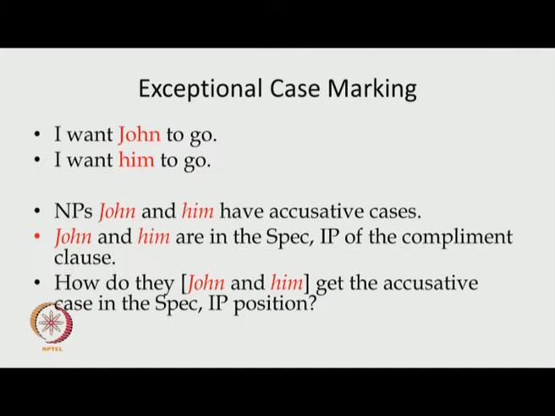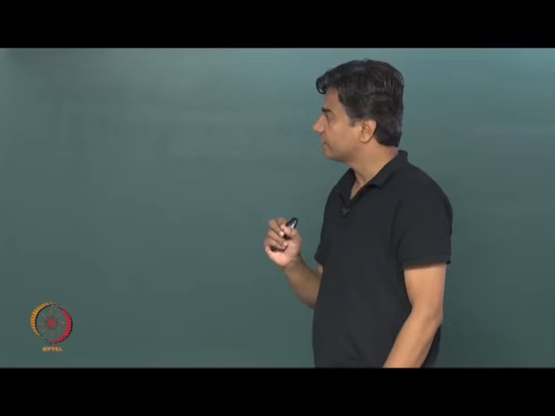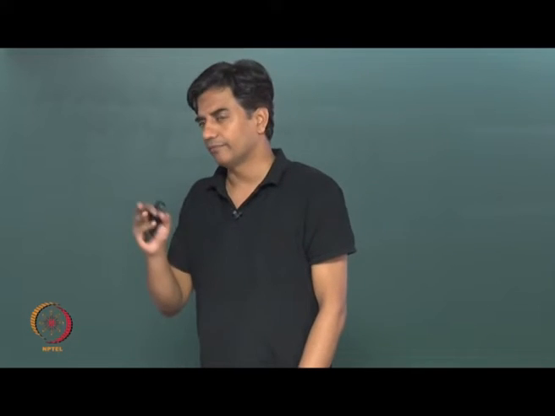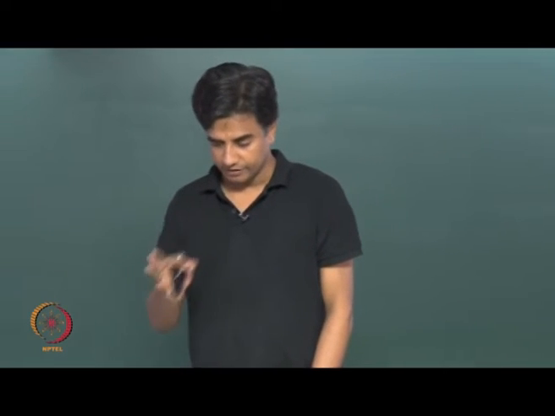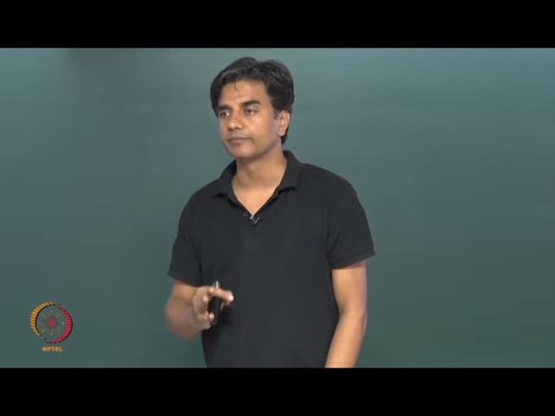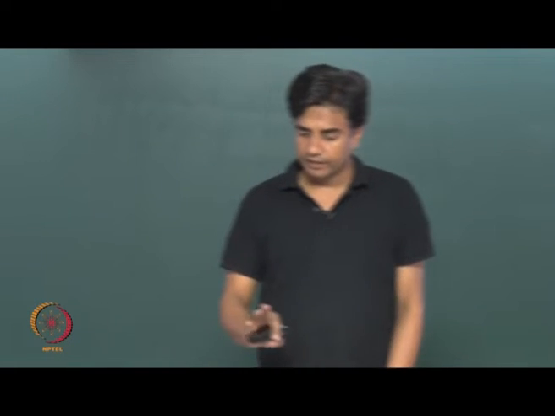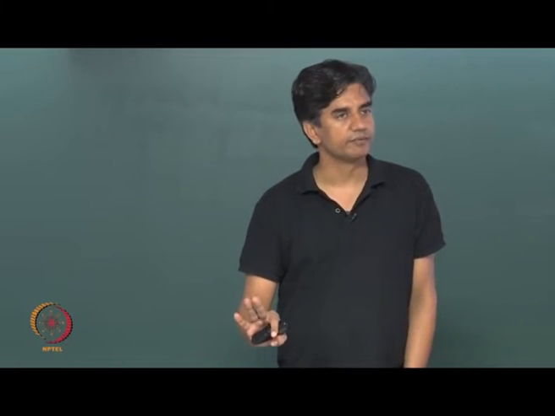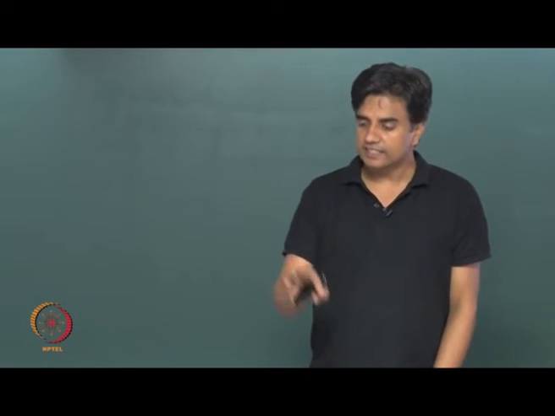Now, these are the two sentences which I wanted you to look at. Very simple sentences. I think I have discussed one of them, or I have briefly mentioned it to you, but now is the time to look at them carefully. Everybody is clear about these sentences? These sentences are similar to the sentences where we also say I want to go, right?